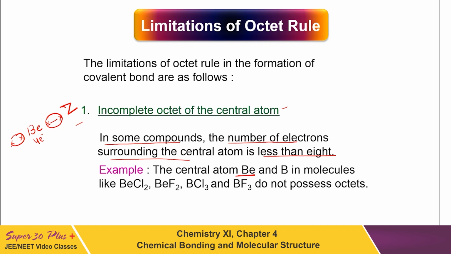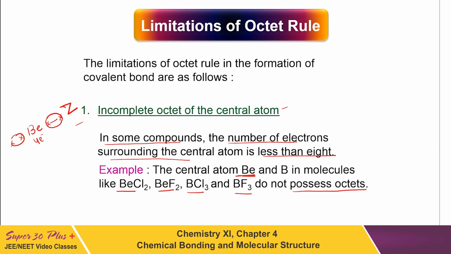So I say that the octet rule is not followed here. So the central atom, beryllium and boron in molecules like BeCl2, BeF2, BCl3, BF3, do not possess an octet.